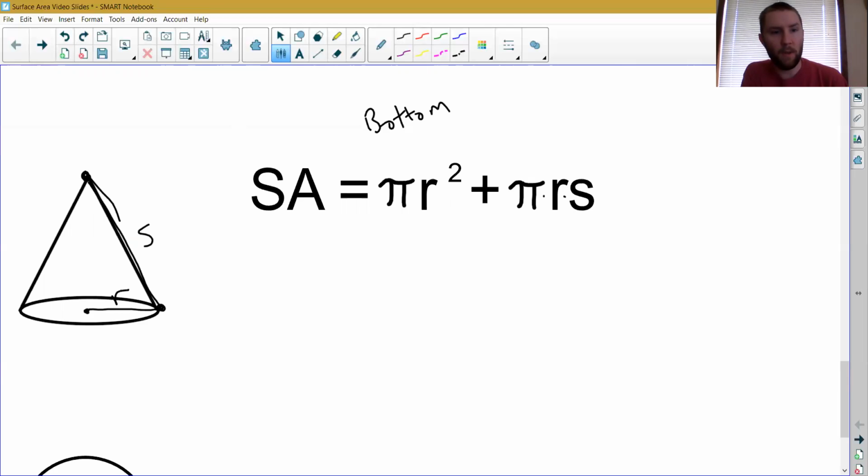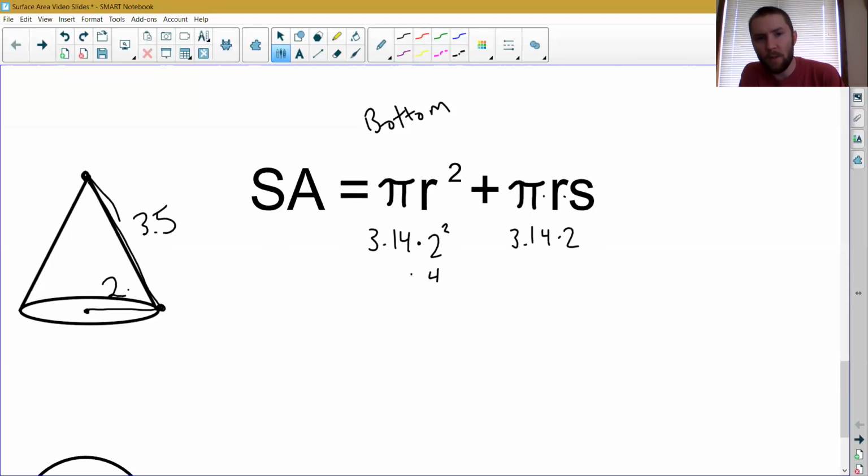So in this case, this time we only need two pieces. If we know the radius is, let's say, 2, and we know the slant height is 3.5, we can find the surface area. Again, we'll use 3.14 for pi, 3.14 times the radius squared, in this case 2 squared, that'd be 4. And then 3.14 times the radius, which is 2, times the slant height, which is 3.5.